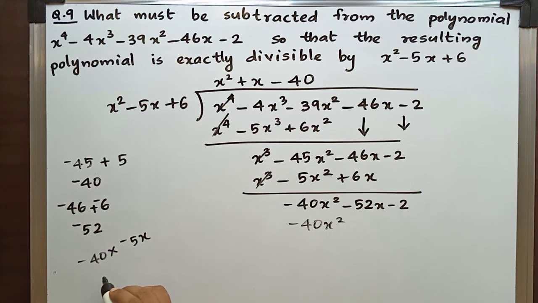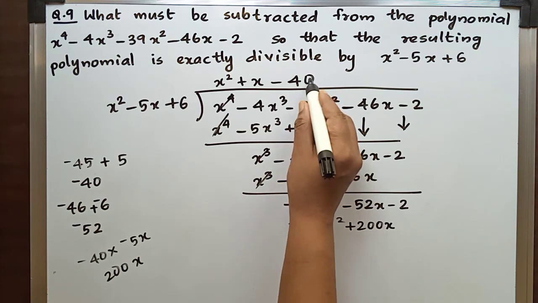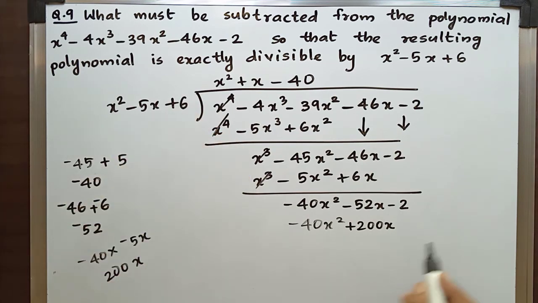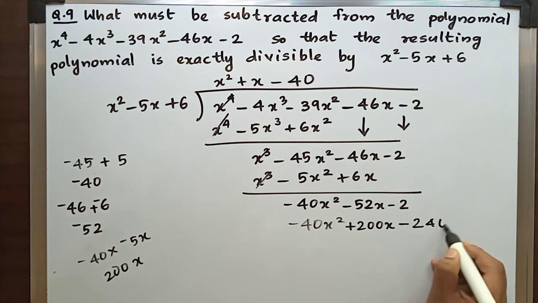Negative into negative, positive. 40 into 5: 4 into 5, 20, and again a 0, so 200x. Now minus 40 into plus 6 is minus 240. See, 4 into 6 is 24.